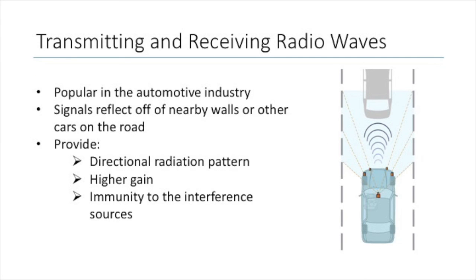Another very popular example of the use of antenna arrays in our society is in the automotive industry. The advantage of the antenna array is significant in fading from the surrounding signals reflecting off nearby walls or other cars on the road. The antenna array with directional radiation pattern provides higher gain and immunity to interference sources.